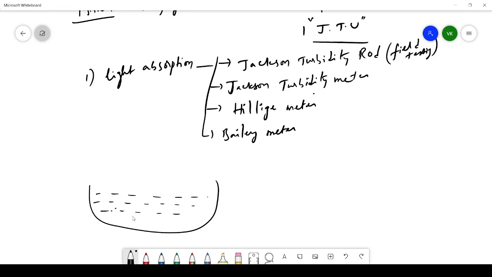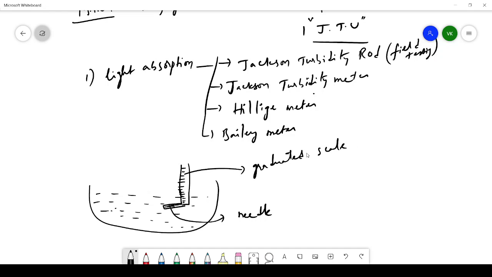You will have a Jackson turbidity rod with a graduated scale and a needle like this. This is a scale which tells you what is the turbidity present in the water.